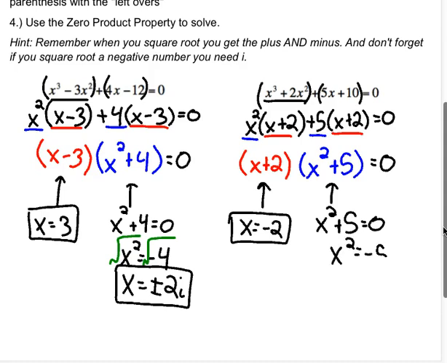So I need to subtract the 5 over, so I can solve by square rooting. Now 5 does not get a nice square root, so always get the plus and minus. Because it's negative, I'm going to get an i, but there's nothing I can do with that 5. So I'm just going to be left with the square root of 5 still.